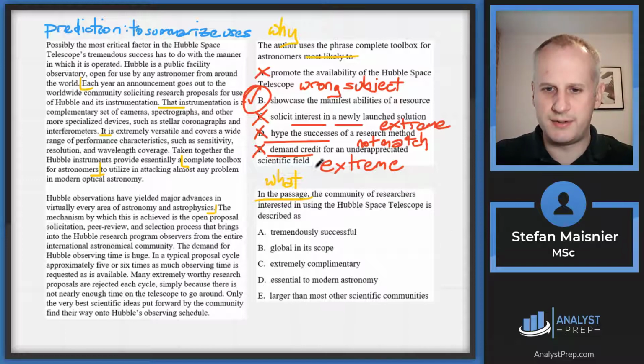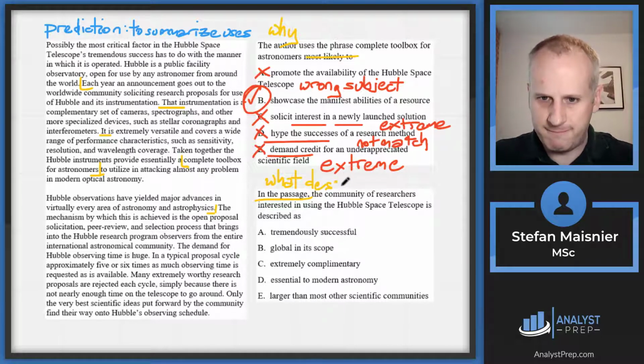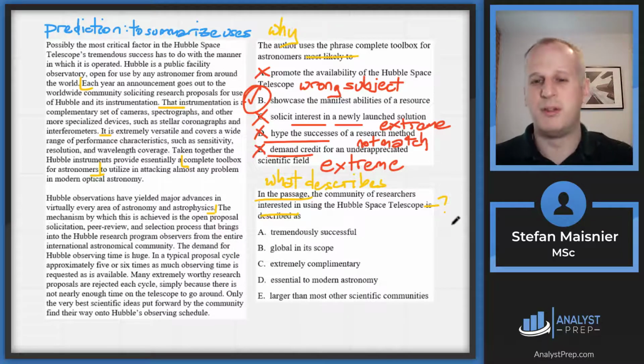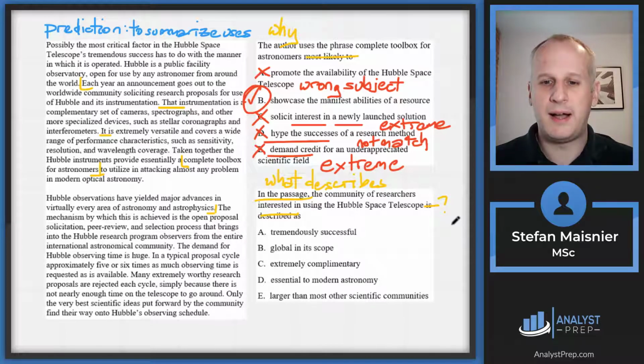So, what describes the community of researchers interested in using the Hubble Space Telescope? And again, we can just eliminate this clunky phrasing, and we've got a much nicer, simple question to answer. So I've got to go find the researchers that are interested in using the telescope.